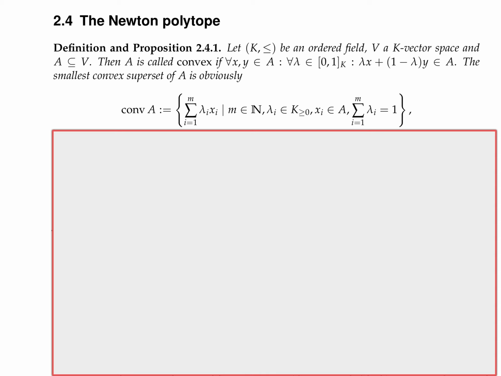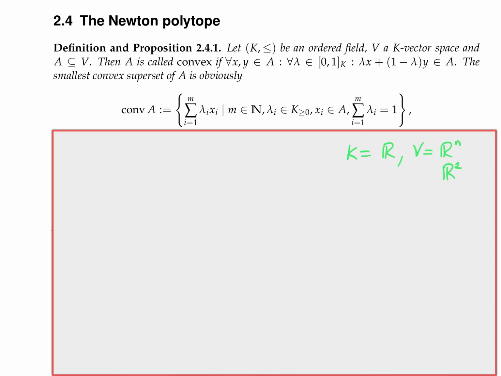So of course we have a good intuition, I guess, in R to the n, if k is R and V is R to the n, or maybe let's say R to the 2 even, when we can draw it easily, when we have a very good intuition what that means, right?